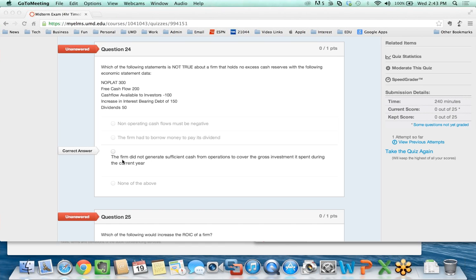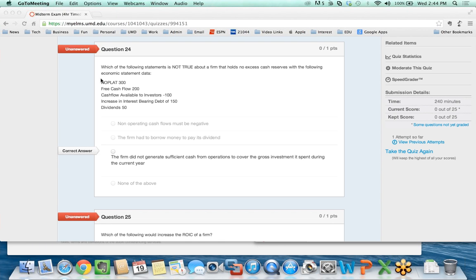Third, the firm did not generate sufficient cash from operations to cover gross investment during the current year. Well, by definition, free cash flow is gross cash flow, NOPLAT plus depreciation, minus gross investment. In this case, with the positive NOPLAT and free cash flow of 200, that means we had to invest at least 100.